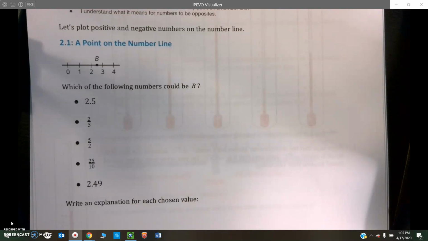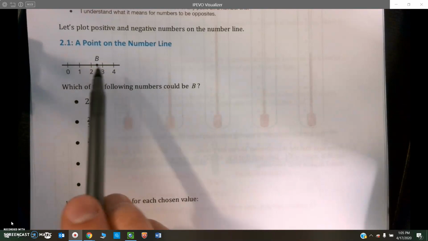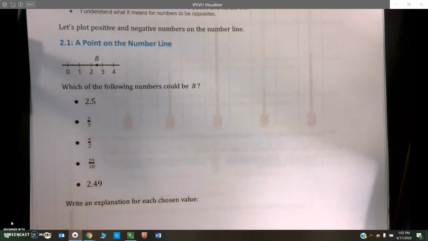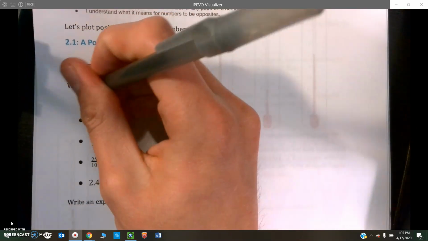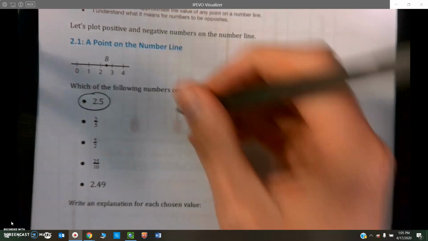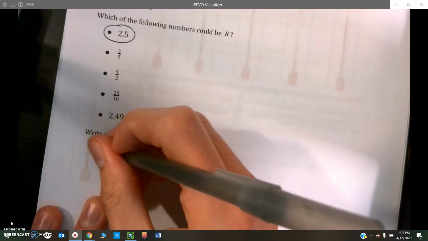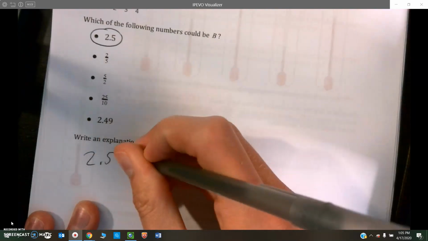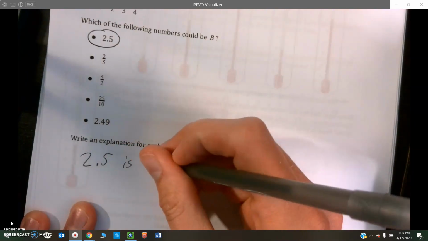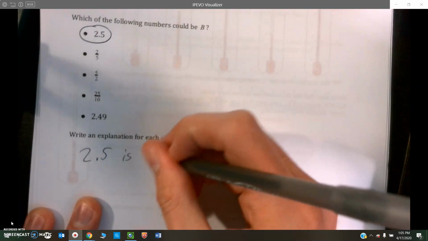Okay, so I can tell that B is about halfway in between 2 and 3. And I know that 2 and 5/10 is the same thing as 2 1/2.